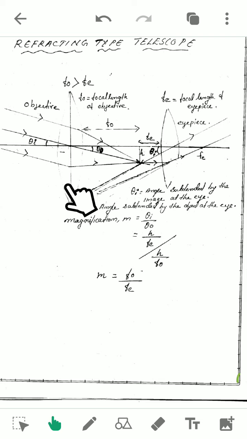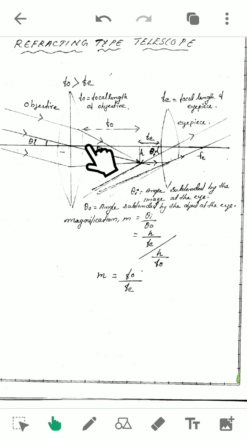That means there are two types of aberrations, the first being spherical aberration. What is spherical aberration? You know that the rays very near to the principal axis are called paraxial rays, and those away from the principal axis are called marginal rays. The paraxial rays and the marginal rays will not meet at the same point. They will meet at different points.